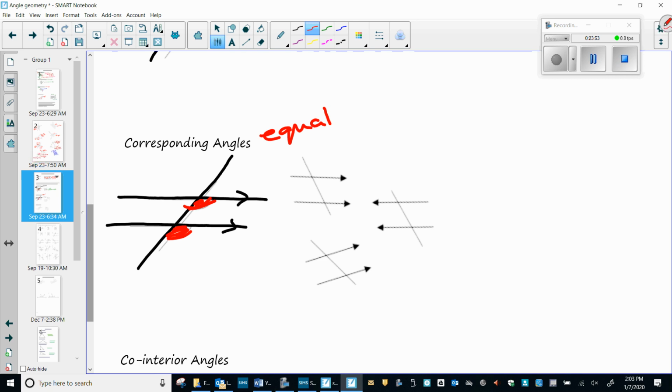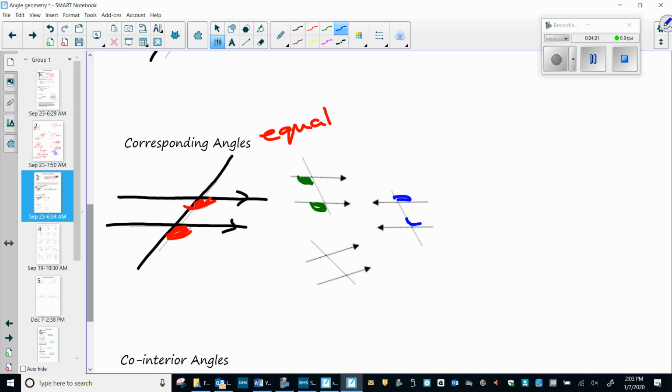Now I've done three other diagrams because we've got several other pairs of corresponding angles. We could also have these angles here. They would be corresponding with each other, so they would be equal. Those two sets are hanging down, but you could also have them above the parallel lines.